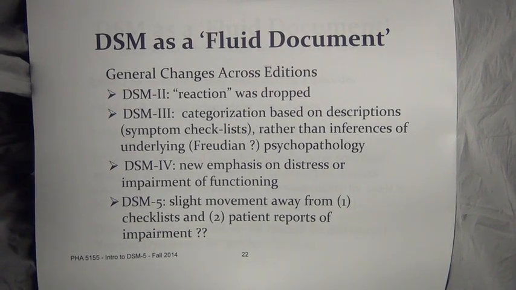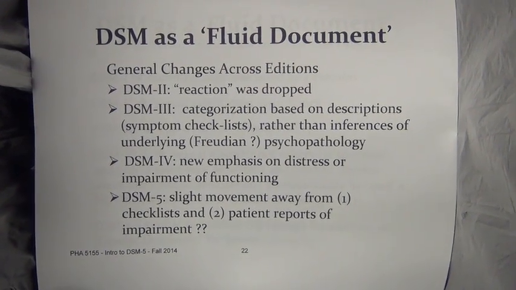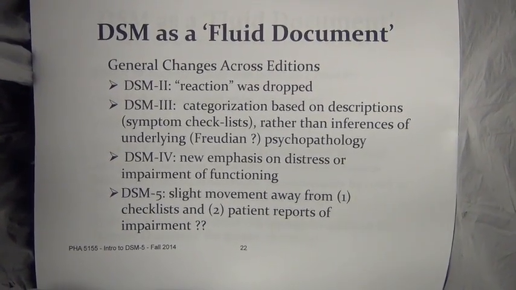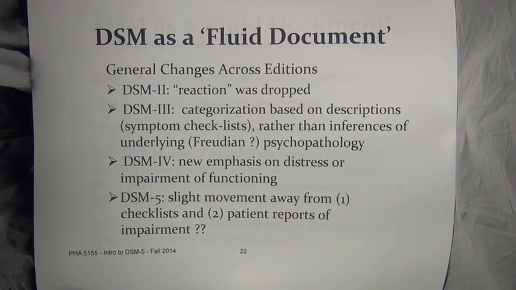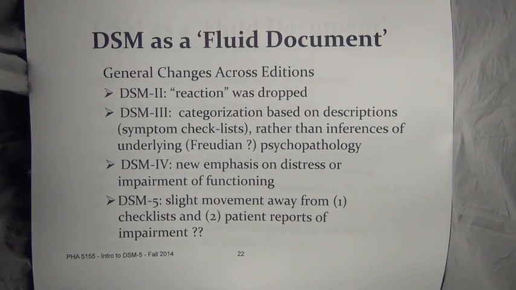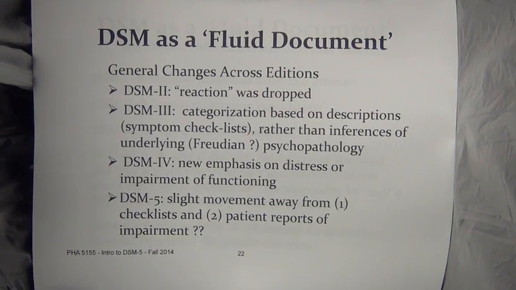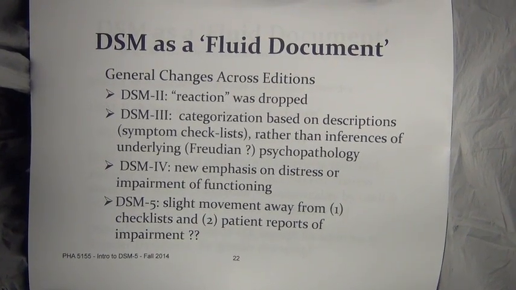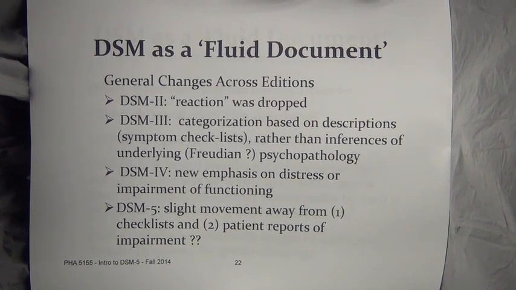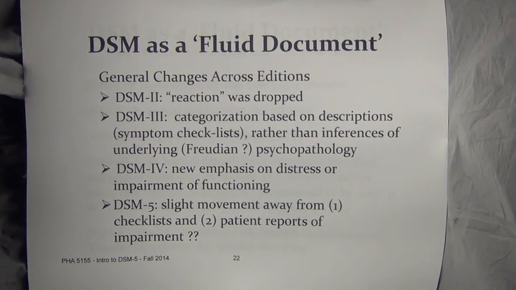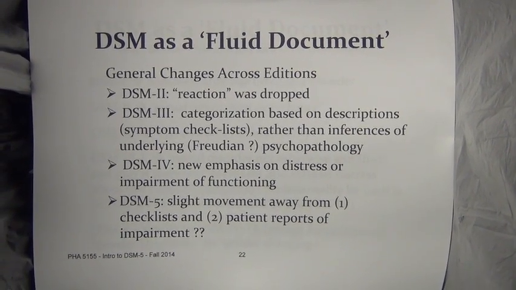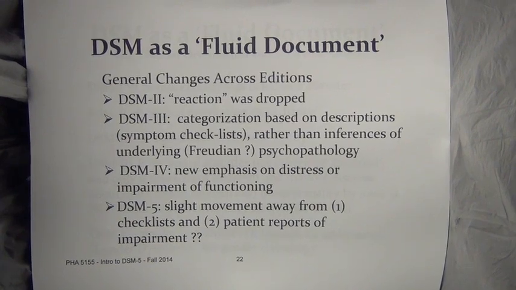So it wasn't enough to meet the symptoms. You had to meet the symptoms, and it had to be related to impairment of your life and your function in your life. And the DSM-5 is just a slight movement away from checklists, and really sort of just, again, continues to emphasize patient impairment as the main issue.